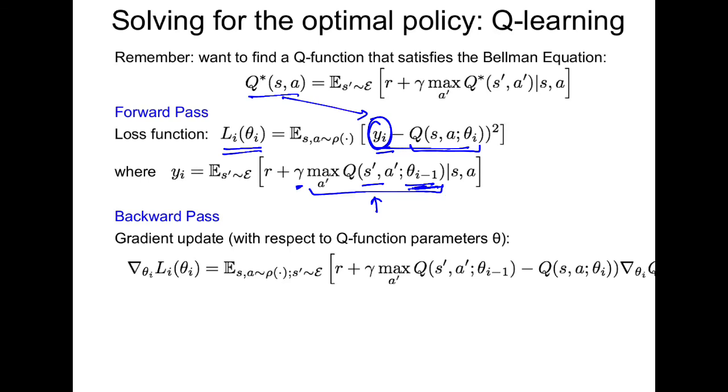I take the expectation over all possible future states, and I look at the reward and take the expectation over it, and that's my yi. That's my label for the current state. So as I go playing this game, I take an action, I get one sample for yi. And using these samples for yi, I learn Q of S, A, theta i.